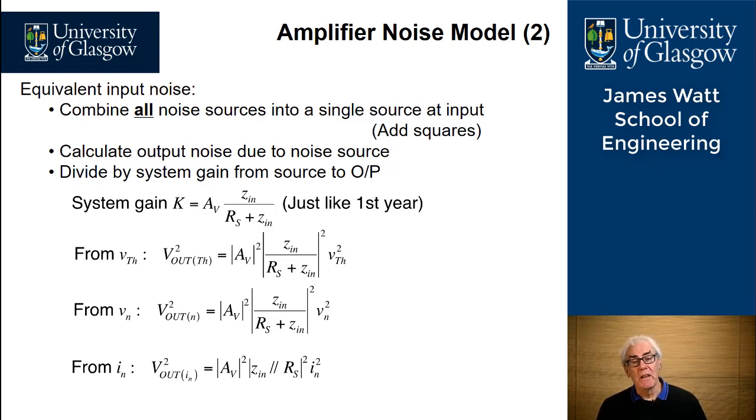And similarly, we can do the same calculation for Vn for the amplifier, and also for the current noise. So the output noise due to the In from the amplifier is: Vout squared equals the gain squared multiplied by the parallel combination of the Zin, the input impedance, in parallel with the source impedance. Square that and we multiply that by current.